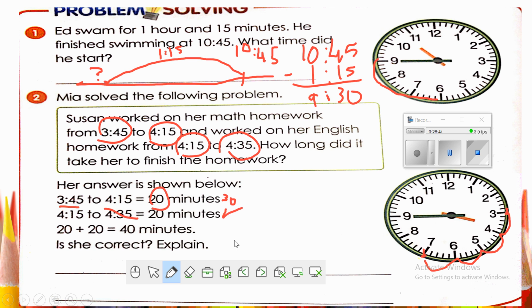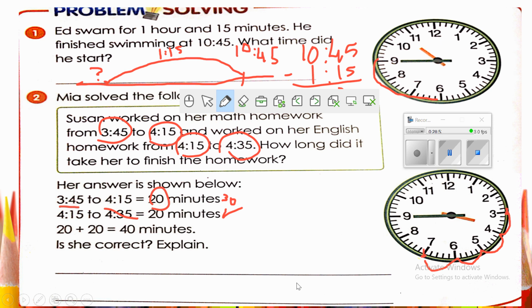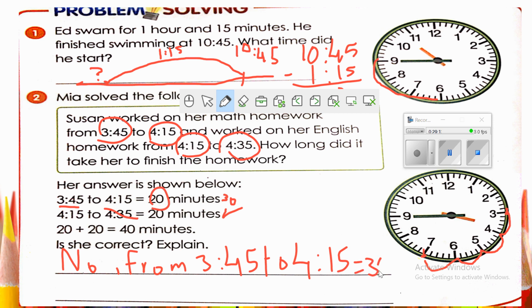So she's not correct. Between 3:45 and 4:15, it's not 20 minutes. It's what? 30 minutes. So you have to say no. From 3:45 to 4:15, it will be 30 minutes. Now 30 plus 20, the answer is 50 minutes.